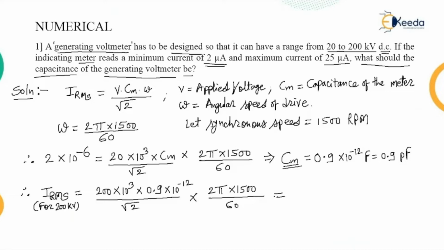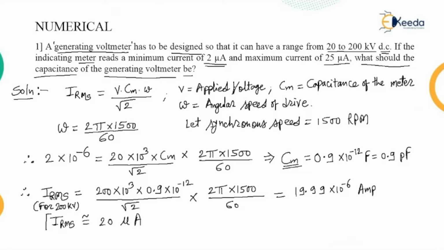And this gives you a value of 19.99 into 10 raised to power minus 6. Now this is current, hence its unit is ampere. So 19.9 can be written as nearly equal to 20, and 10 to the power minus 6 as microampere. So that is the value of RMS current.